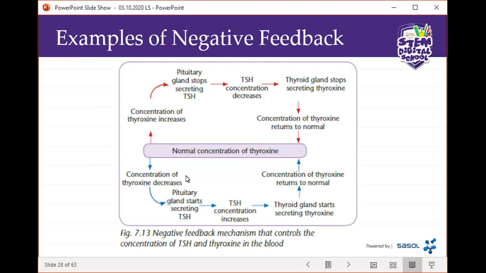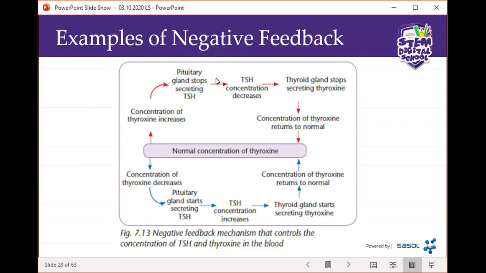So now we're just going to start off with the red arrows, okay, when the concentration of thyroxine increases. Right, so when the concentration of thyroxine increases, the imbalance that we detect is the increase of thyroxine. Then the pituitary gland would stop secreting the thyroid stimulating hormone. Now, once the thyroid stimulating hormone stops being secreted, the thyroid stimulating hormone concentration decreases.